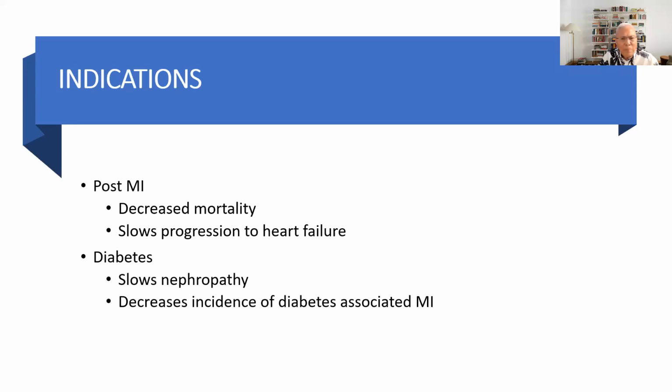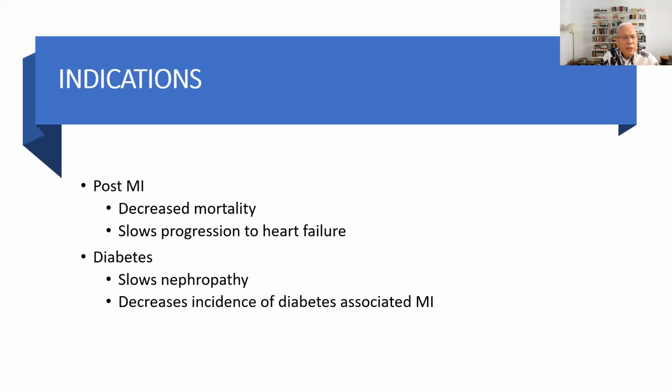Trials and experiments have shown that giving patients ACE inhibitors decreases the mortality and actually slows the progression of congestive heart failure after myocardial infarction. And that is the reason why we use it post-myocardial infarction.